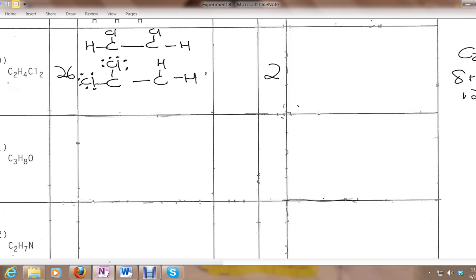Okay, 2 is 8 plus 4 for hydrogen plus 14 is going to be 18 plus 8, 26, yes. So 1, 2, 3, 4, and 5 is 10. So we have 16 left. 1, 2, 3, 4, 5, 6, 7, 8, 9, 10, 11, 12, 13, 14.